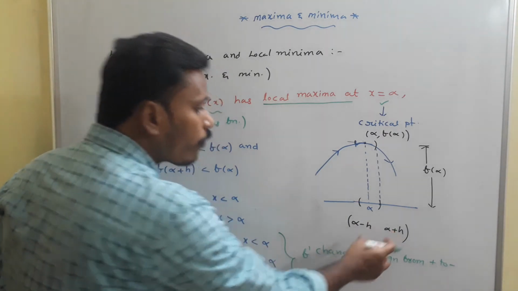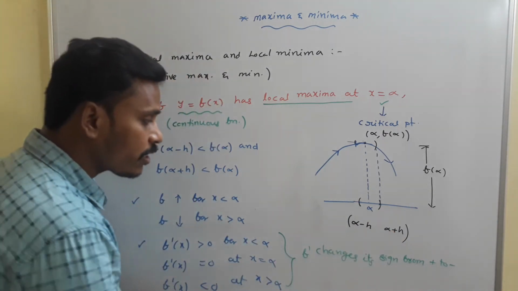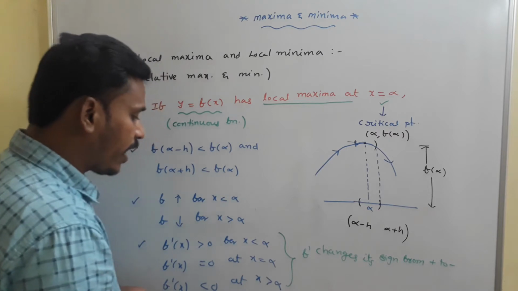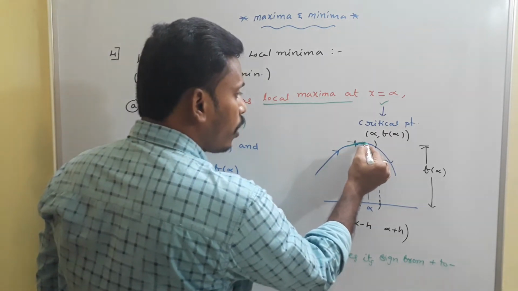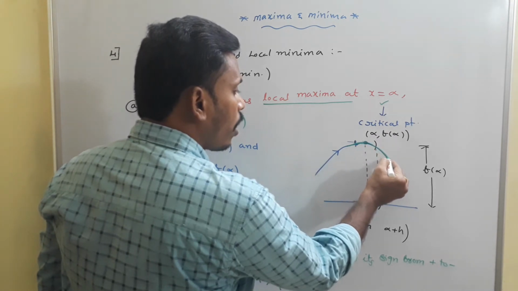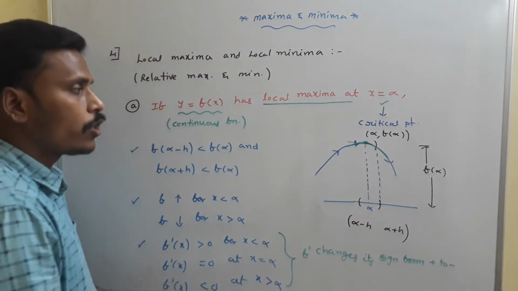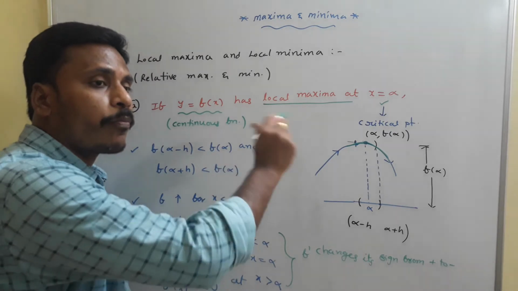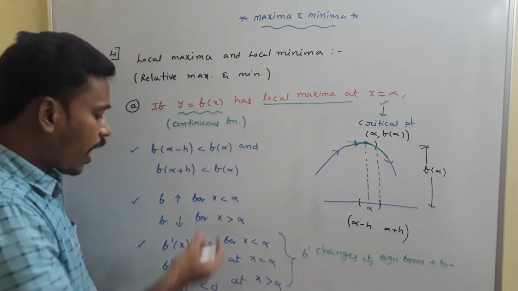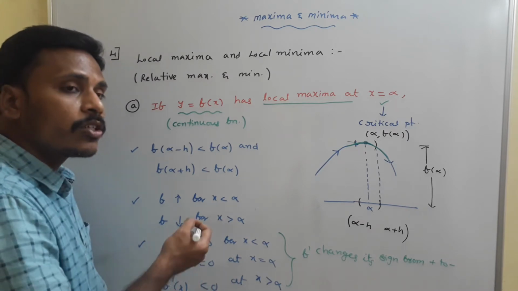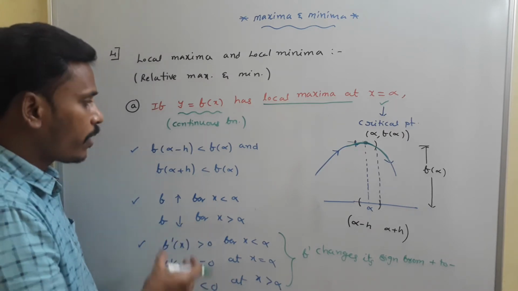Okay, in the neighborhood of alpha minus h and alpha plus h, f dash changes its sign from positive to negative, because here f dash is positive, at this point 0, and after this point negative, right? So f dash changes its sign from positive to negative. So these are different conditions and I will use all these things to solve the problems. Okay, just have a look.